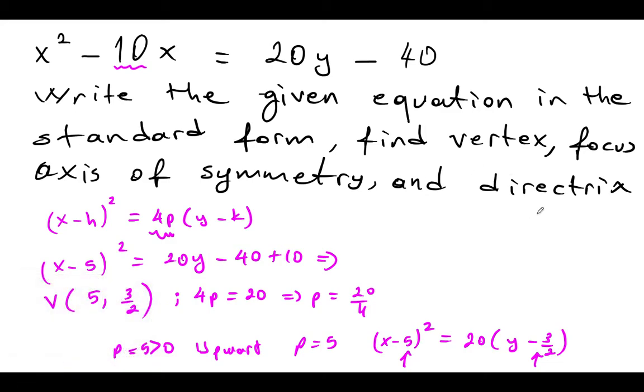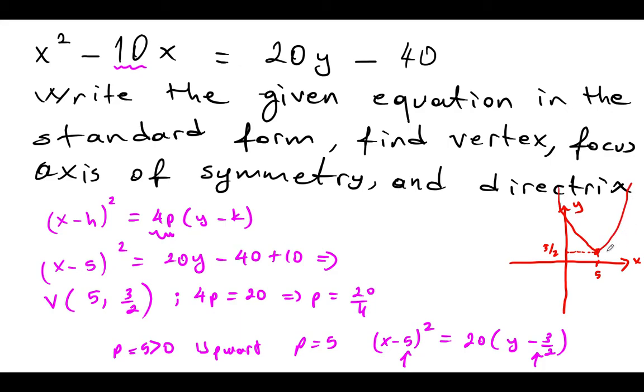If I draw an approximate xy coordinate system, the vertex is (5, 3 over 2), so x is 5 here, approximately, and 3 over 2 will be here. Okay, this point. And then the parabola is upward, so it will be something like that.